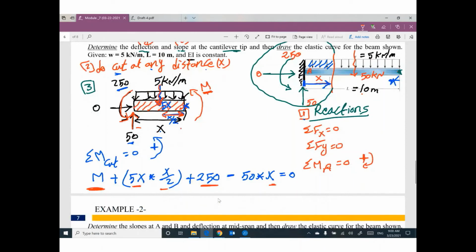That makes sense? Can you make this moment on one side and everything on the other side? Can you? Yeah, the other side will be, probably, we will start with negative 250, positive 50x, negative 5 divided by 2 x squared.